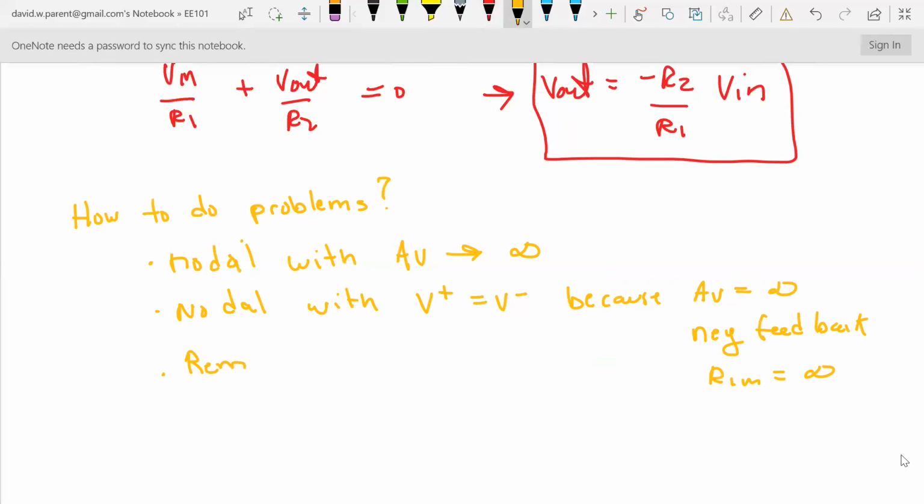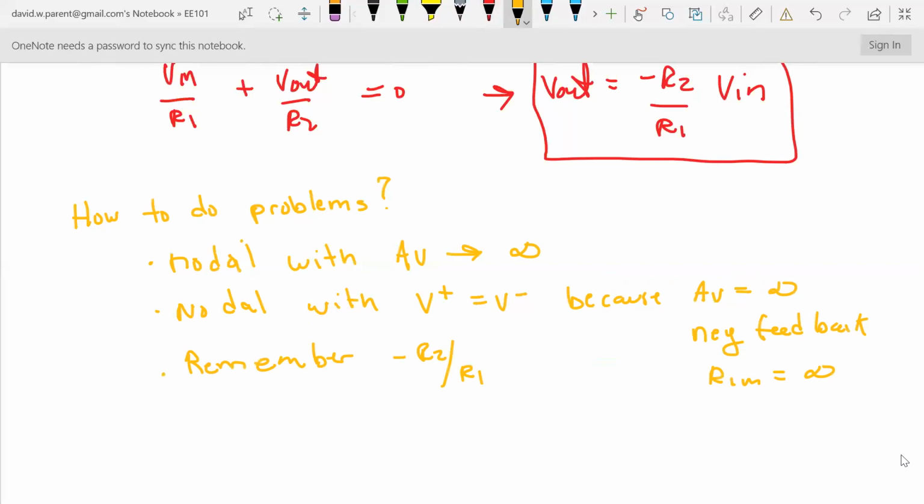The other way is you remember minus R2 over R1. I mean, if you did it so many times, you would know what it is. But how would you do the problem?